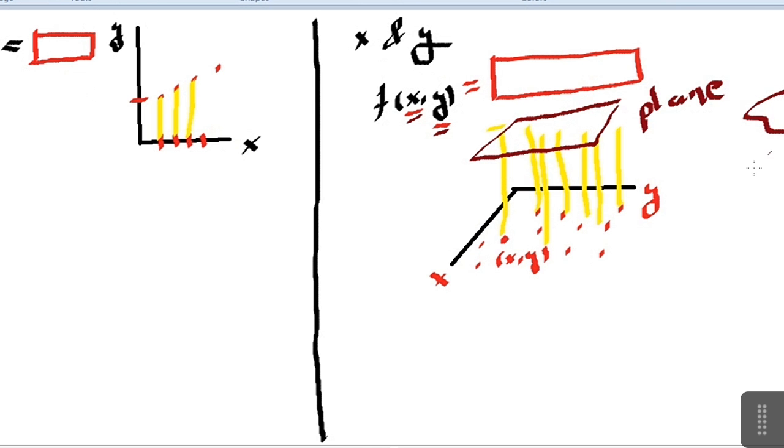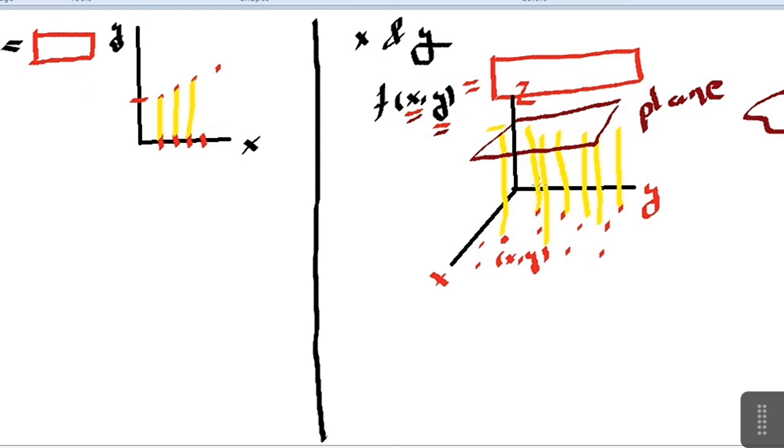Okay, and so what should I do? I should draw one more axis. Yes, so this axis will be called my z axis. When I call this a z axis, I mean this is actually f of x, y.